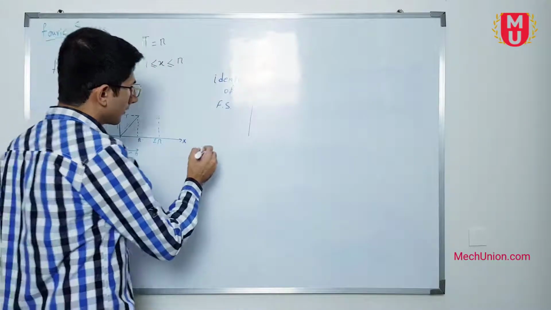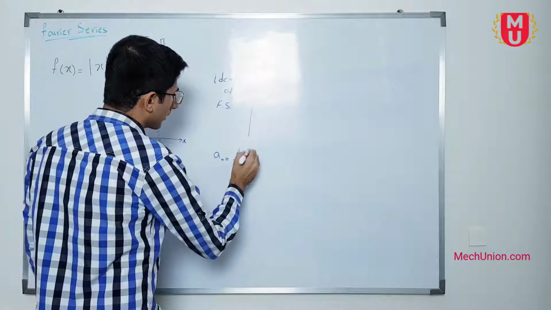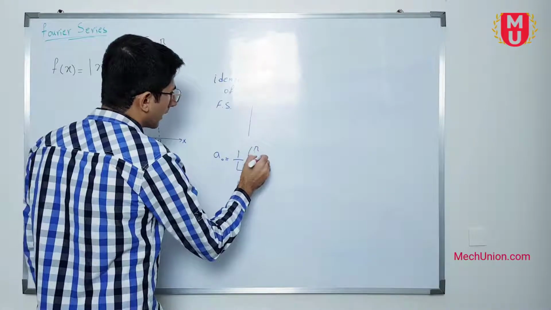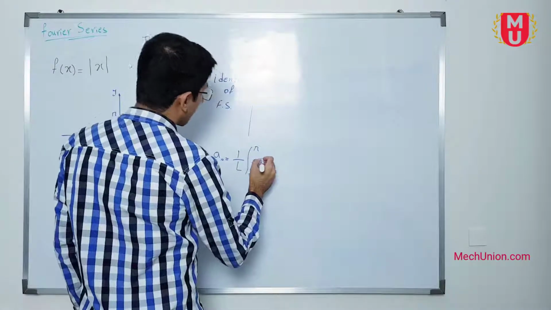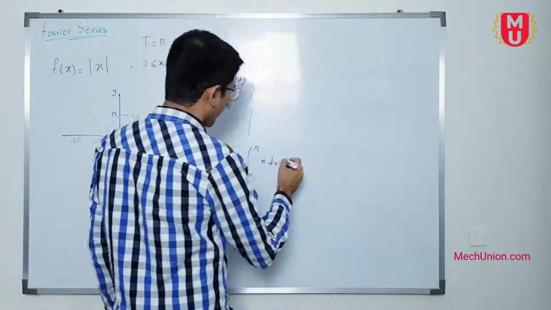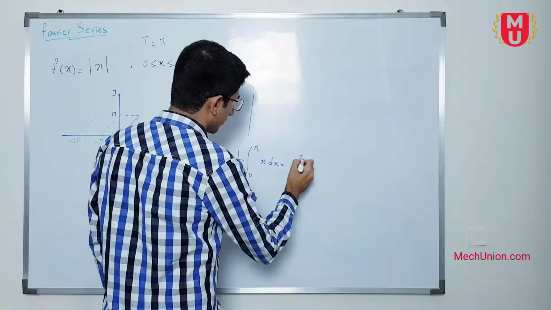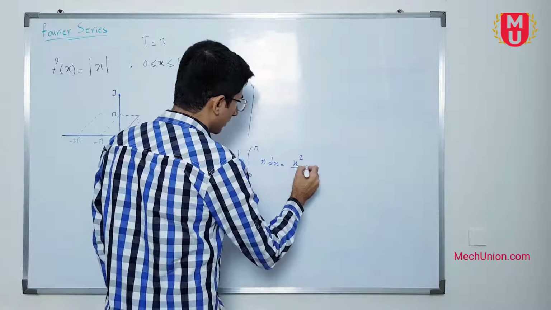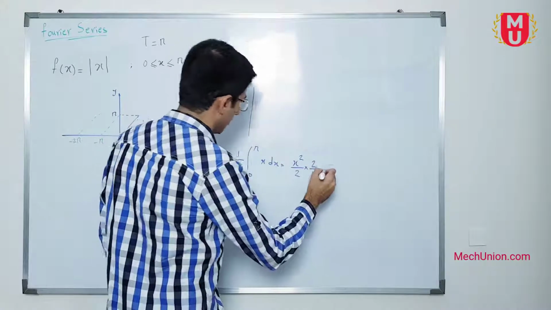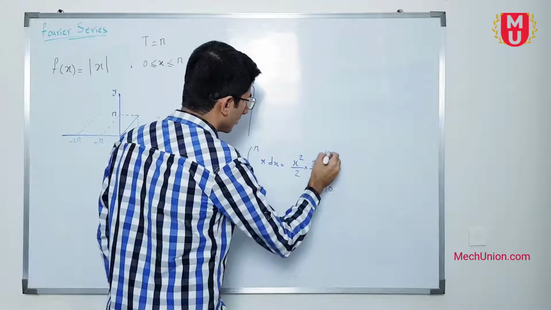As a first step, we write down a naught, which is equal to 1 over L integral from 0 to pi of x dx, which is just the function x. It will become x² over 2 times 1 over L, which is 2 over pi, from 0 to pi.